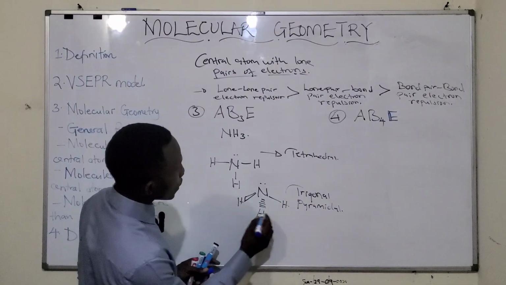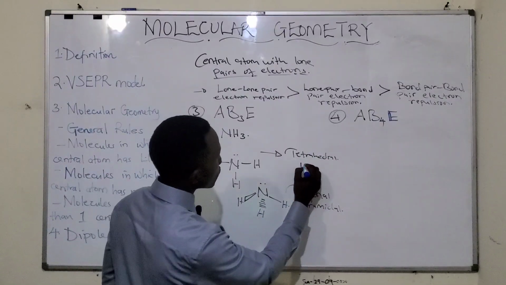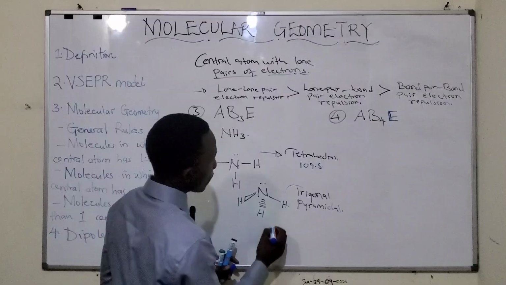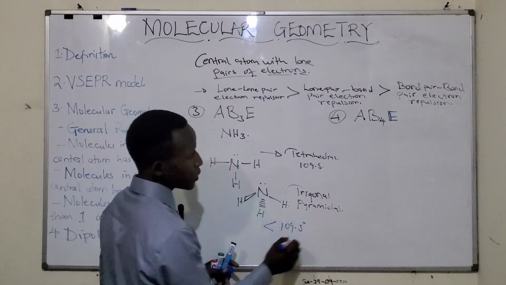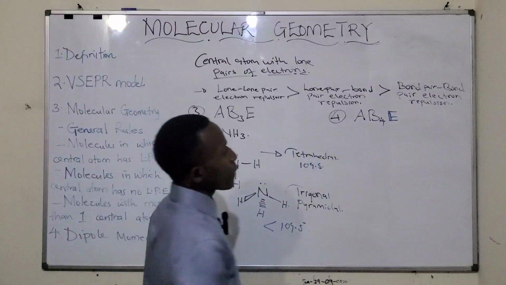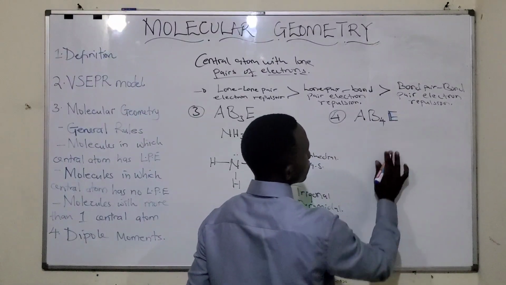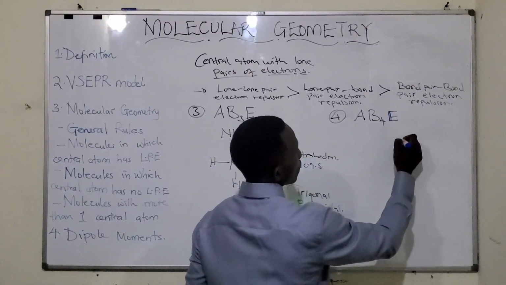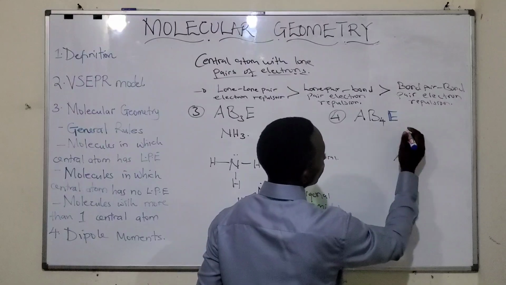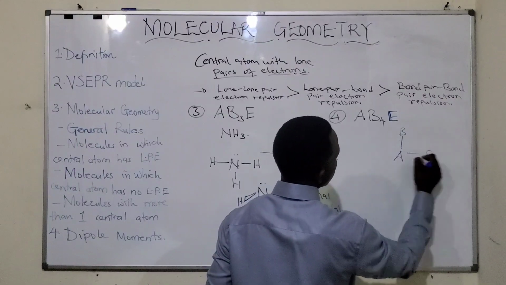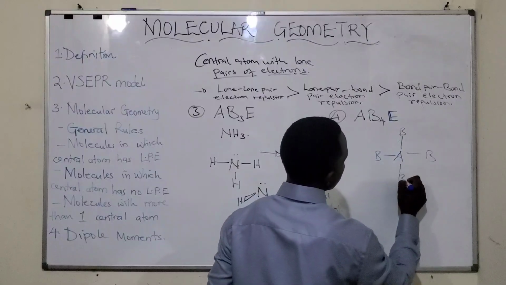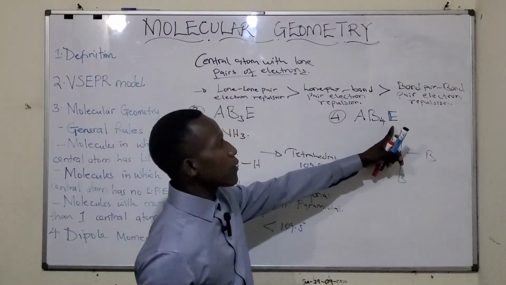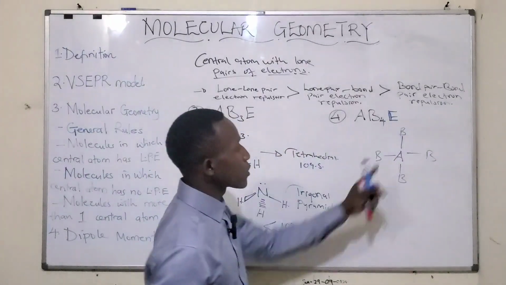For this one, we said if it was tetrahedral, the angle is 109.5, but this one will be less than 109.5 degrees. Now here, we have a central atom and 4 other atoms attached, but we have a lone pair of electrons.